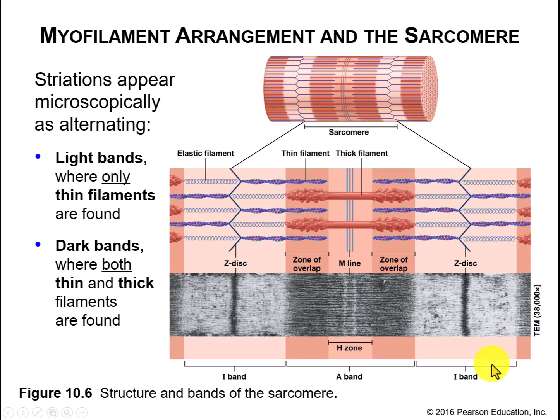I band, only actin. And the A band is always going to be the length of the myosin. The A band is the length of our thick filament, which is made up of our myosin. The A band doesn't care if there's any actin in there. It doesn't matter to it. But the I band does. The I band's only actin.